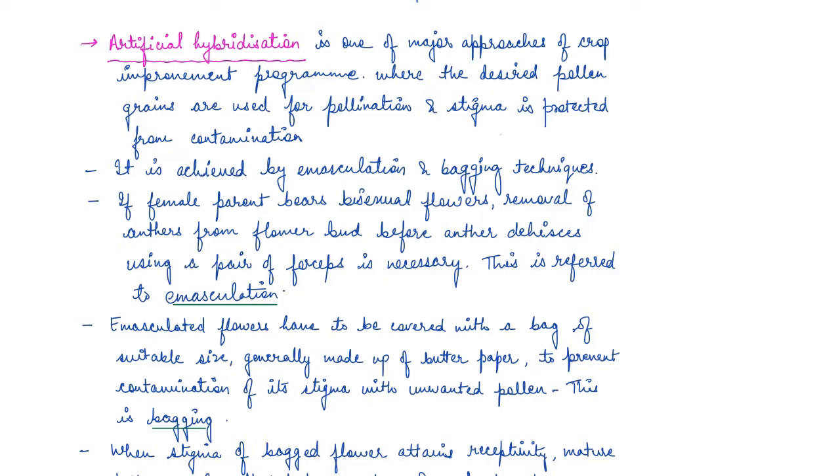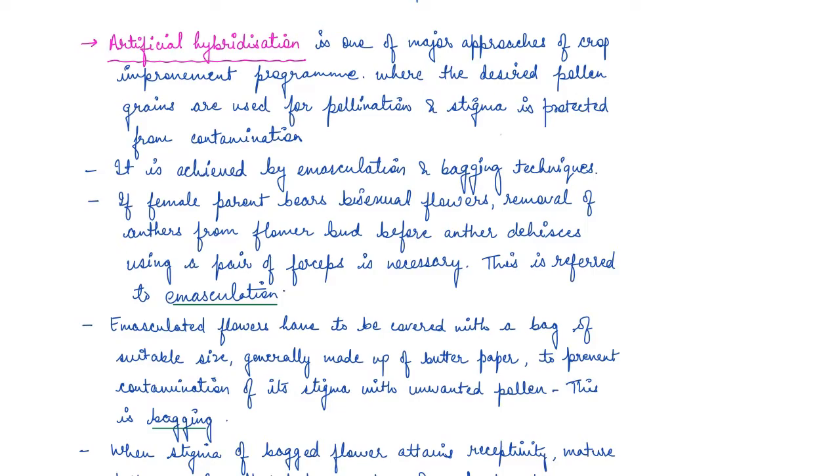Okay, so when the stigma of the bagged flower attains receptivity, mature pollen is collected from the anther of the male parent and dusted on the stigma, and the flowers are rebagged, and then the fruits are allowed to develop. Right? If the female parent produces unisexual flowers, there is no need for emasculation, because there are no anthers nearby which would contaminate the stigma.